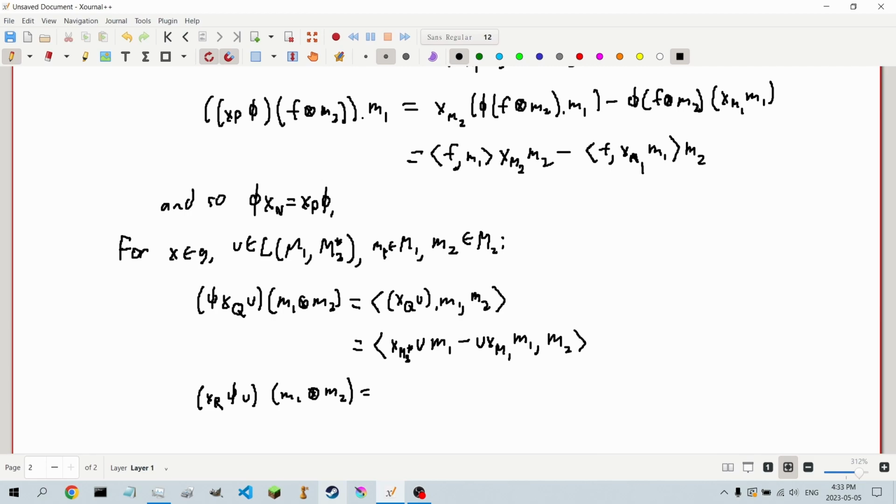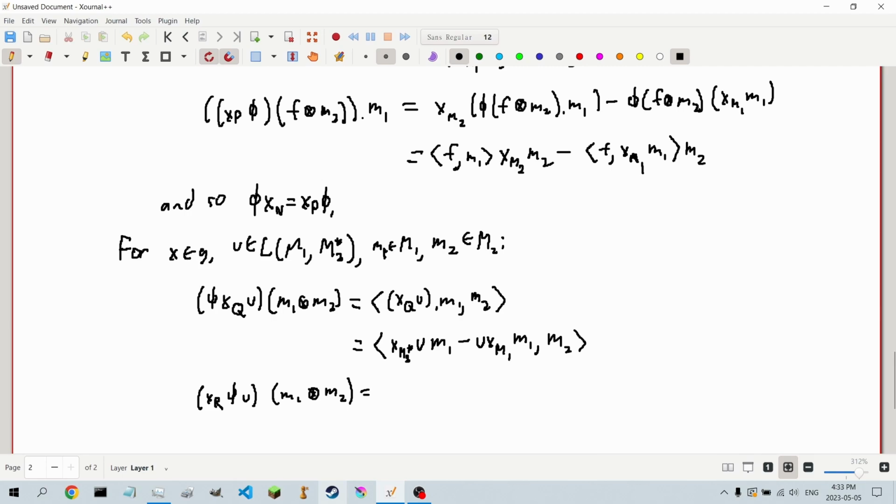So then we have this element in M1 tensor M2. And so we have U, which is getting represented on by an element X, and then sent to the dual space of the element on the right in some order.